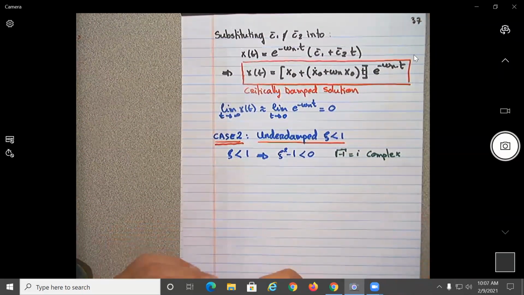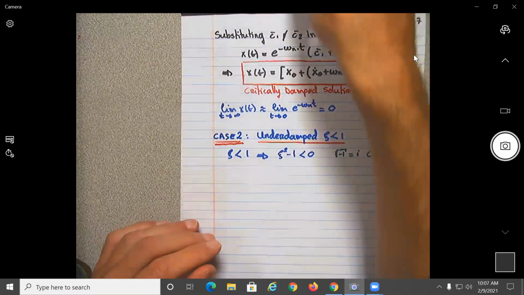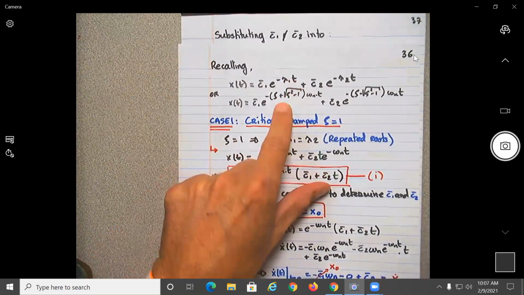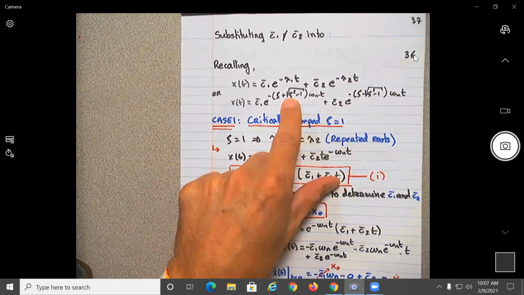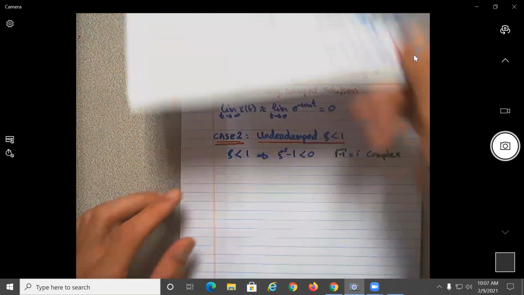All right, so that means that the two roots that we have, remember this root is equal to this one, so these values within the square root become complex numbers, okay? Imaginary numbers.